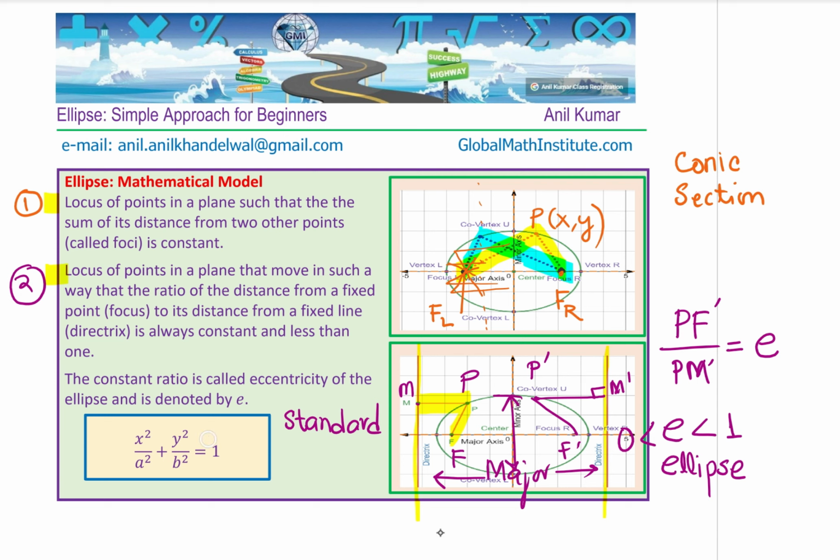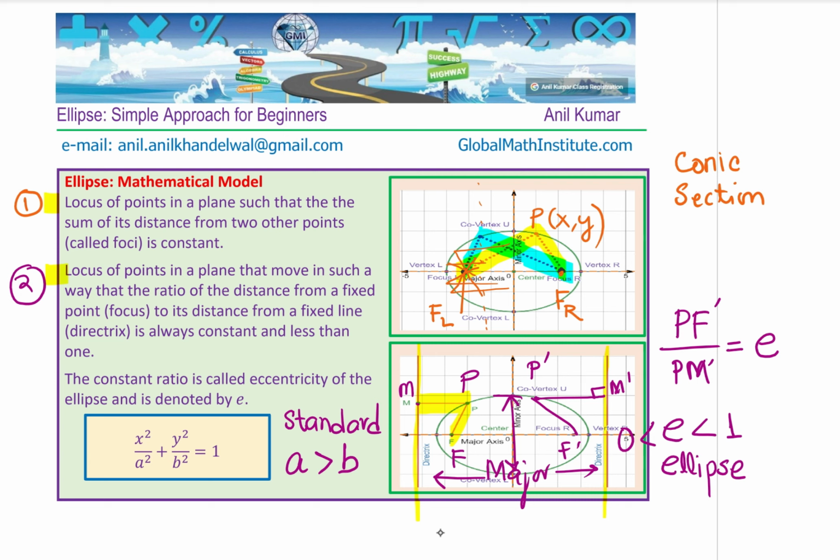In this equation, x square over a square plus y square over b square equals 1. As shown here, we will notice that the value of a is greater than b. So if the major axis is horizontal, in that case, a will be greater than b. But if it is the other way, in that case, b will be greater than a. Correct? We'll get into these details also.